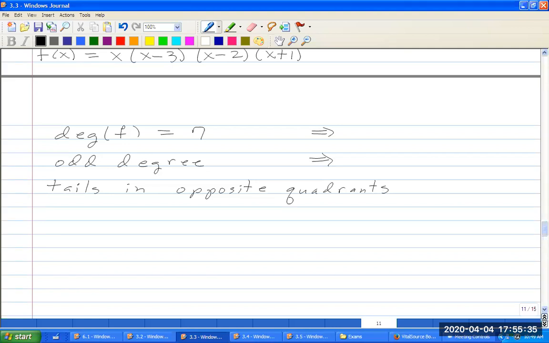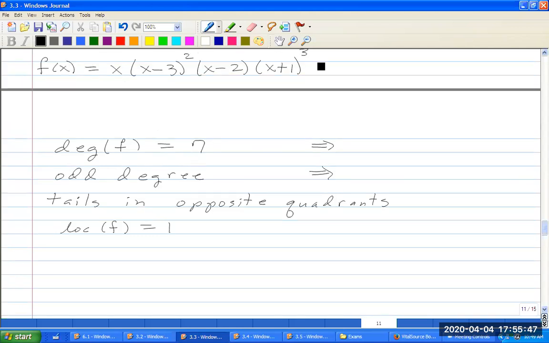The leading order coefficient is 1. If you look at this, it's x to the second, x to the third. So if you multiply this all out, you'll get 1x to the 7th plus a whole bunch of other stuff.